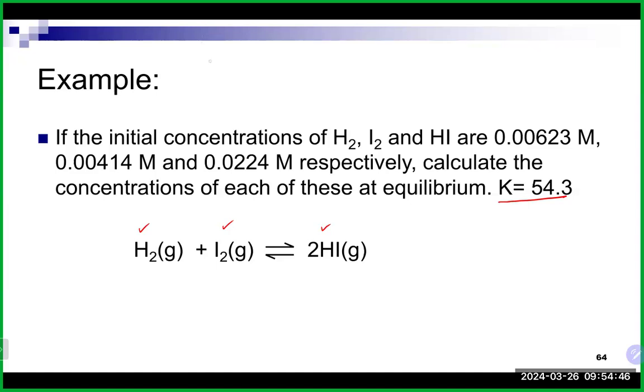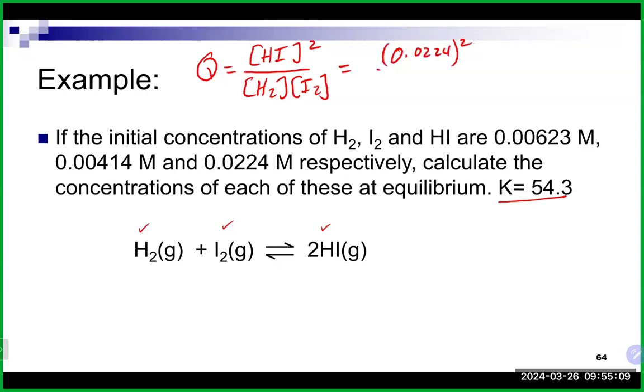So the first thing we want to do here is take Q, which is the exact same way that we do K: HI squared divided by H2 and I2. And in this case, we're just going to put in the concentrations that were given to us. So the HI is 0.0224, and we need to square it, divided by the H2 concentration, 0.00623, and our I2, 0.00414.